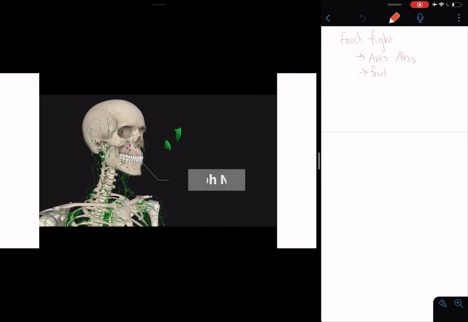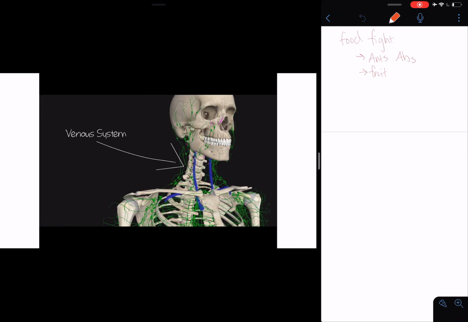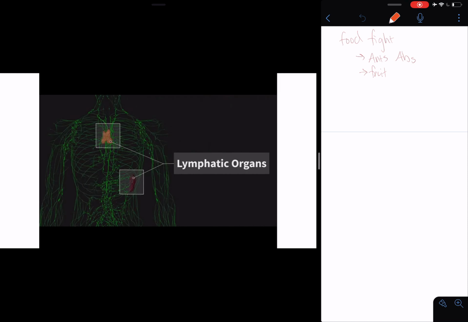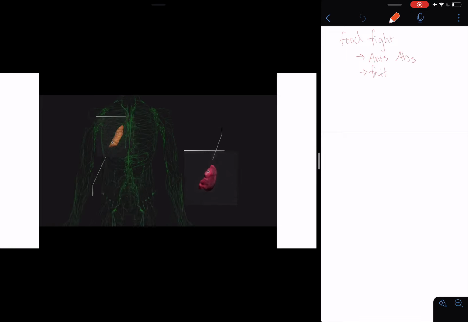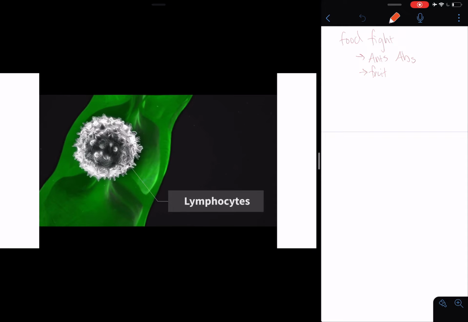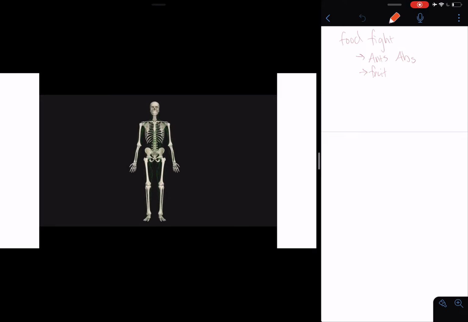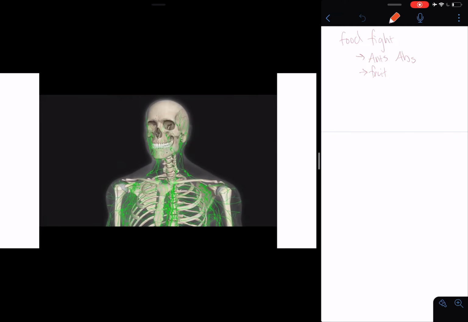Lymph nodes are small masses of lymphatic tissues situated along the course of the superficial and deep lymphatic vessels. Their function is to filter lymph as it passes through the lymphatic system en route to the venous system. Lymphatic organs are structures that produce lymphocytes and include the spleen and the thymus gland. Lymphocytes are white blood cells which circulate in the bloodstream and lymphatic system and are concentrated in lymph nodes. They are components of the immune system and have a role in combating infection.